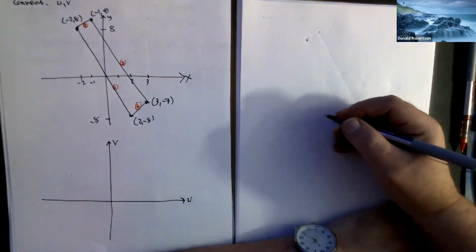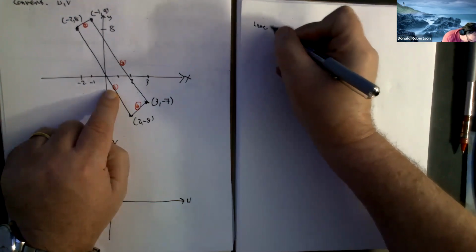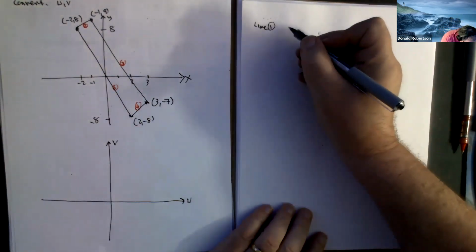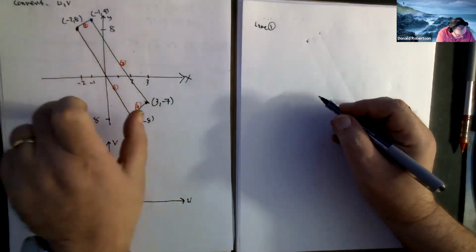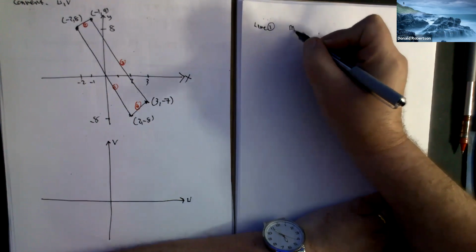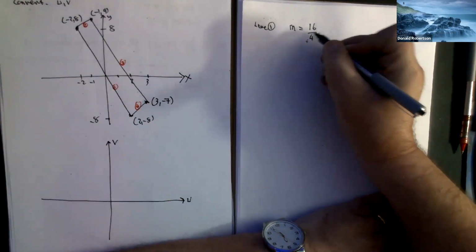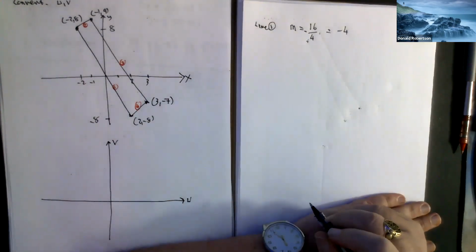For no particular reason, I'm going to pick 1. So line 1 passes through the origin and its rise is 16 and its run is 4. So I know its slope is 16 over 4. I also know it's pointing down the way, so I know its slope is -4.